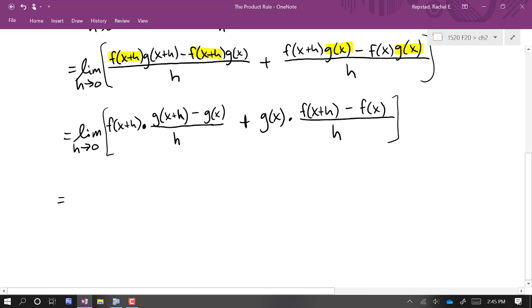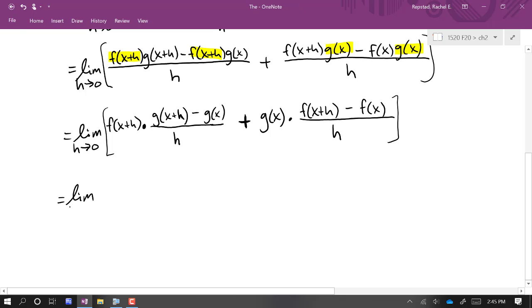Now we have this sum inside the limit, and you can split up limits over a sum. In fact, we've done that before when we were studying limits. We just evaluate each term, and that's equivalent to splitting up the limit over the sum. So I'm going to write this as two separate limits now.